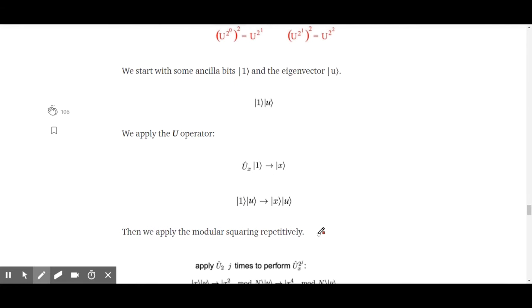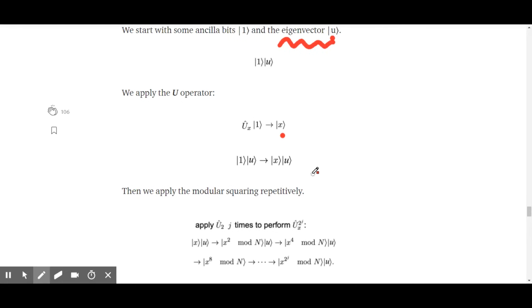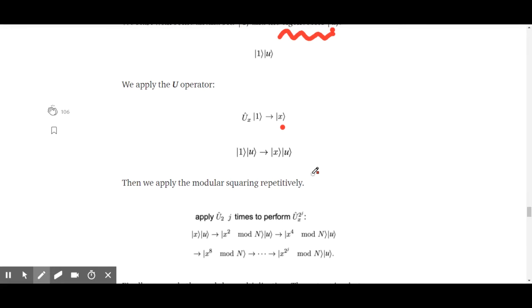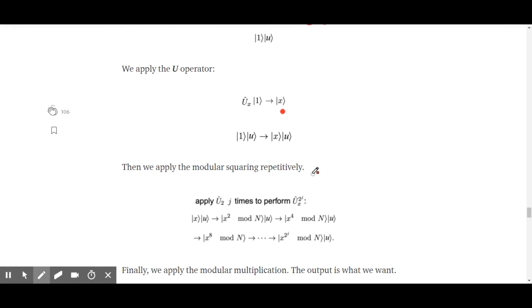Start with register 1 and the eigenvector u. But where is the eigenvector u coming from? We apply the U operator, so you get x times u.